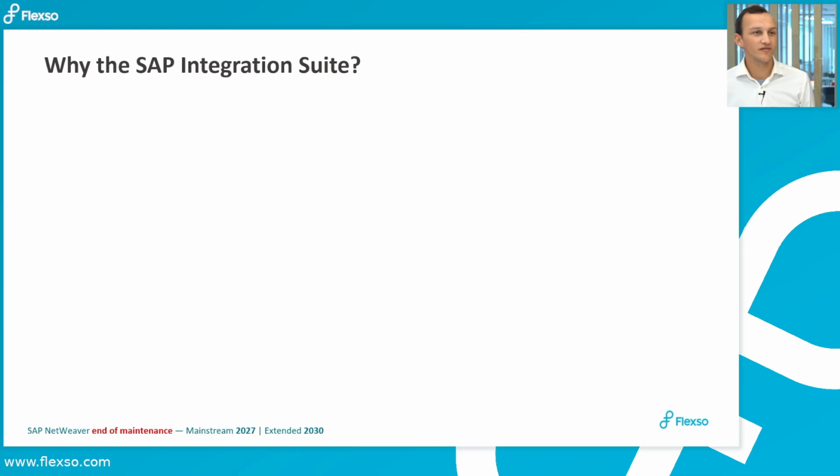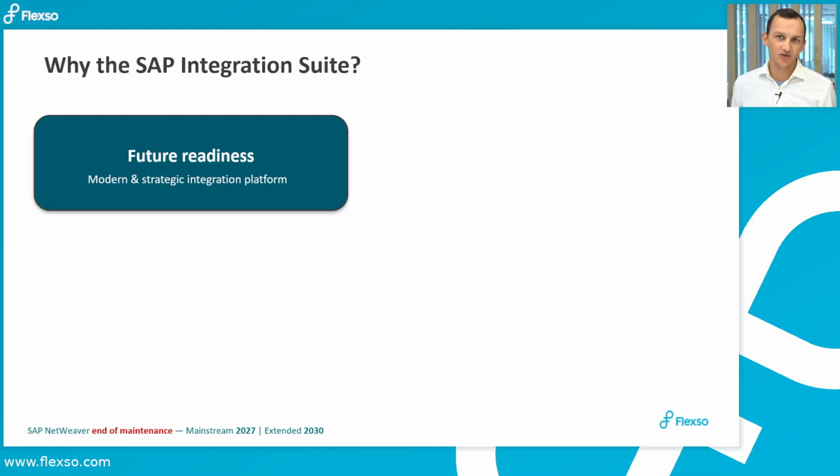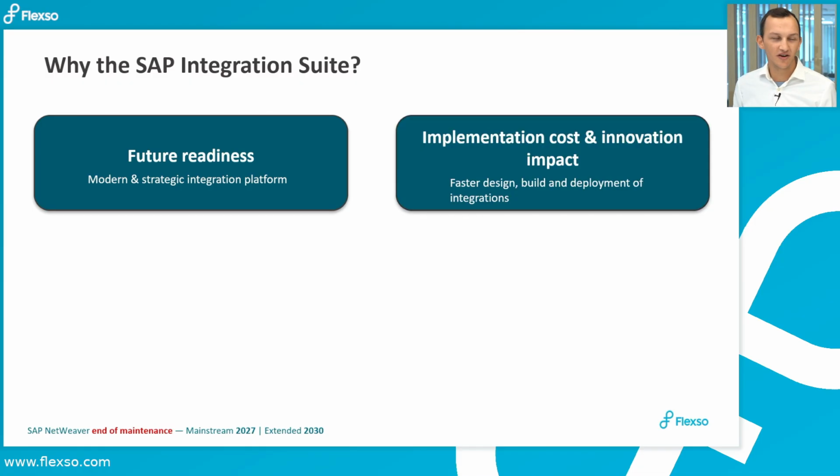Now, if you want to have a recap of the study and why exactly the SAP Integration Suite, well, we summed it up in 4 key points. Future readiness, you're on a modern and strategic integration platform. Implementation cost and the impact on innovation, it's way faster to develop flows on the Integration Suite.